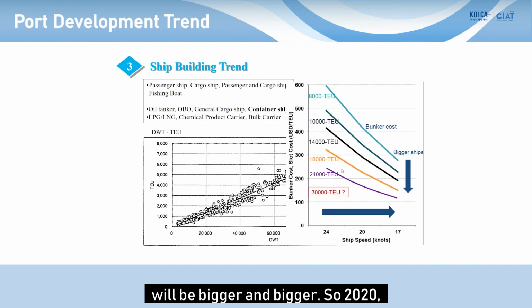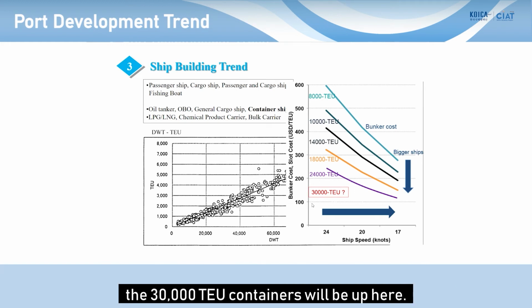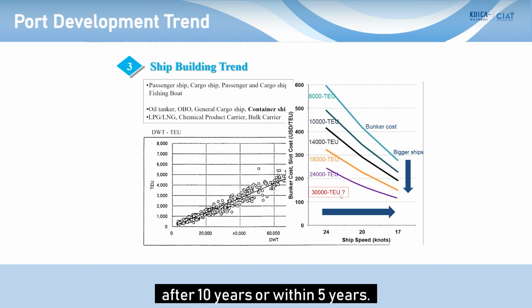So in 2020, 24,000 TEU container ships appeared. We don't know whether a 30,000 TEU container ship will appear after 10 years or within 5 years.